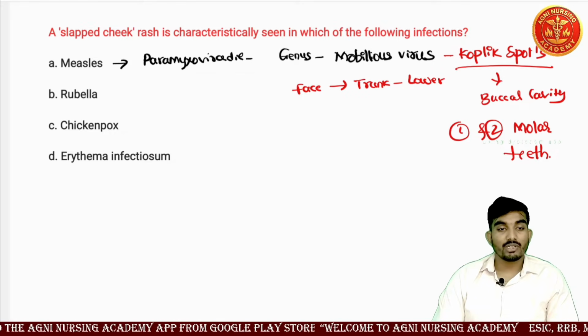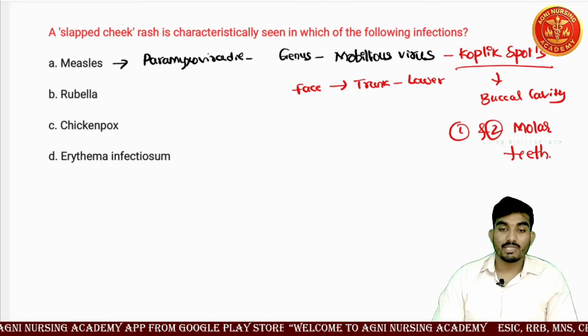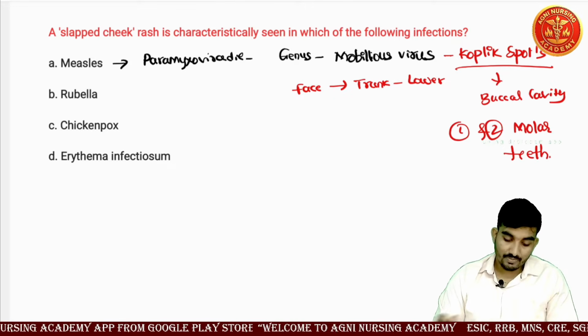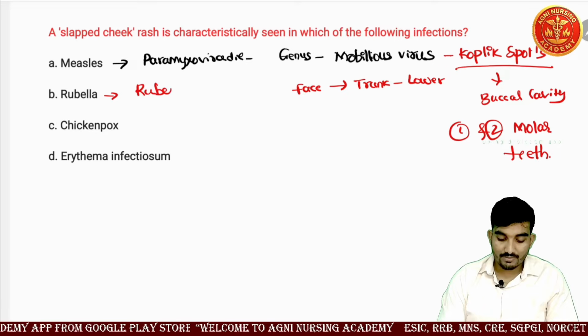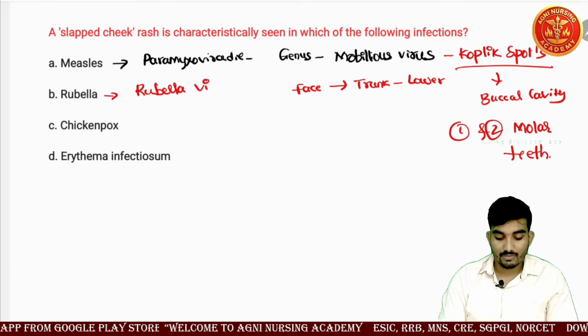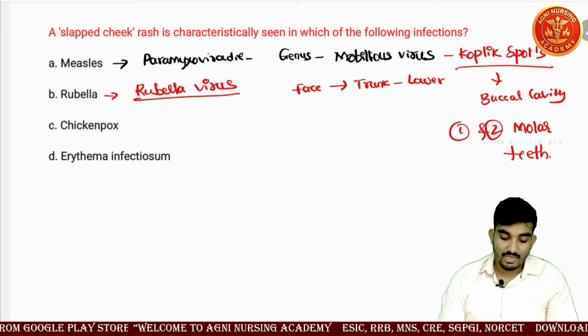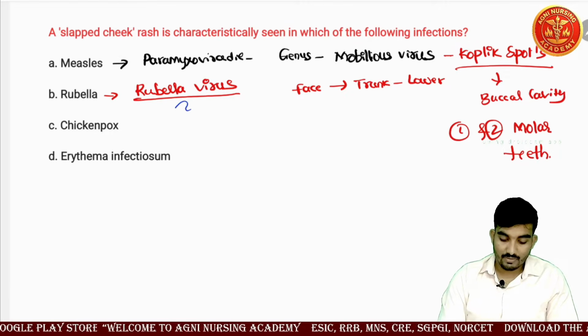On that basis, we can differentiate which one is measles and which one is rubella. Rubella is caused by the rubella virus, and it is also called German measles.